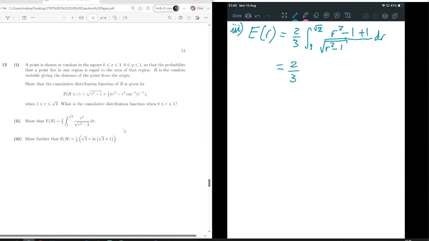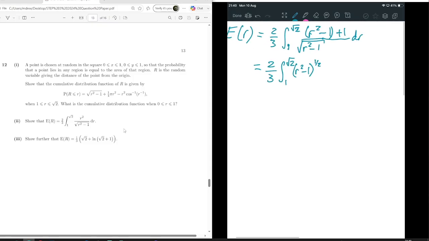I'm kind of doing the partial fractions here. I'm splitting it into its different components. Now this first term over that will be left with r squared minus 1 to the power of a half. And that term I don't think is going to be very nice. Plus 1 over the square root of r squared minus 1 dr.